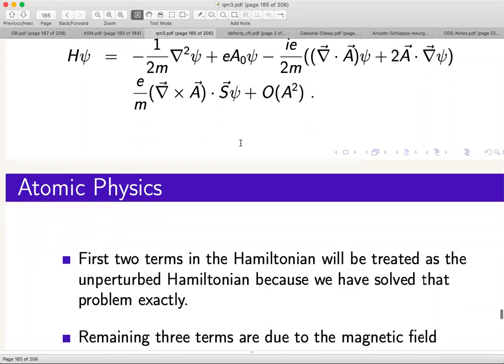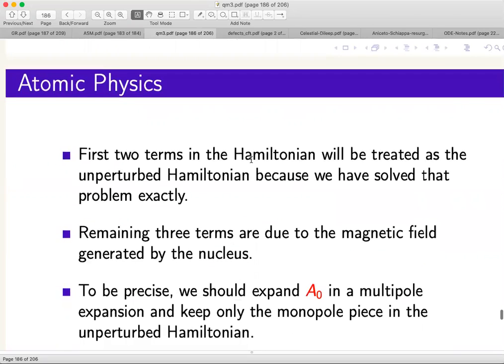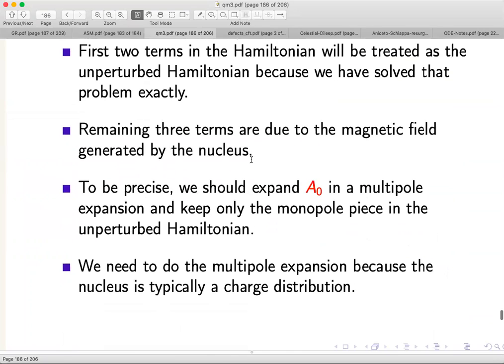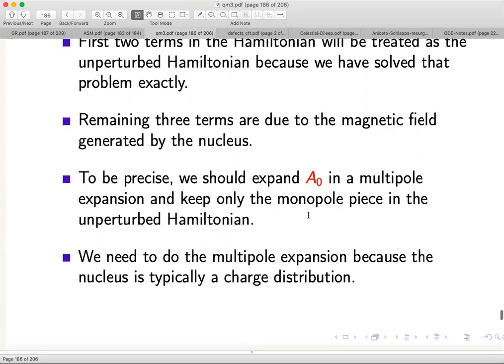And then there are higher multipoles of A naught, which should be treated as perturbed Hamiltonian. Although we will not do that, because those terms would become relevant only when the electron is close to the nucleus. If the electron is like 4-5 orders of magnitude distance away from the nucleus, then to a reasonable order it is sufficient to assume that the monopole contribution to A naught is much more dominant than the dipolar and quadrupolar contributions.